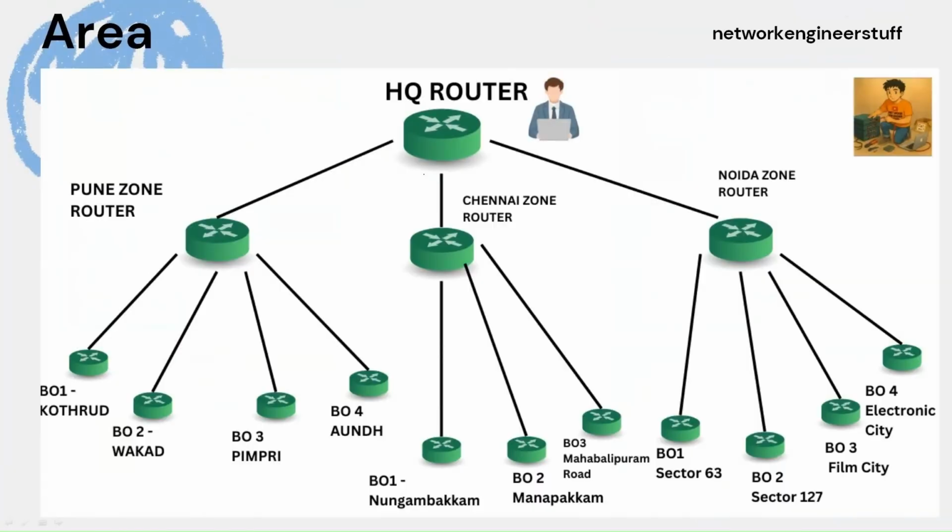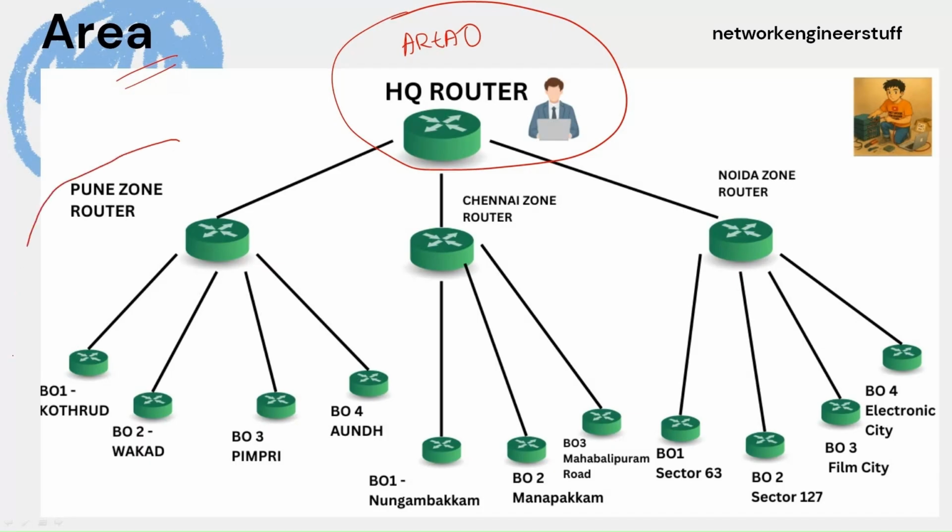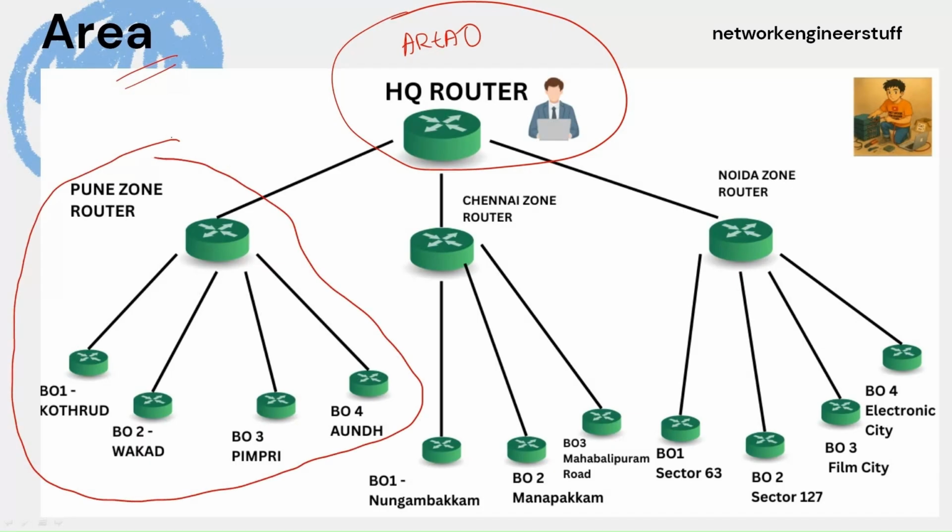So let's take this example. Guys, I'll try to explain this concept of area using this topology. So we have this topology. Now what we'll do is that this headquarters we'll put in area 0. This Pune zone, we will put in some area which is non-zero.